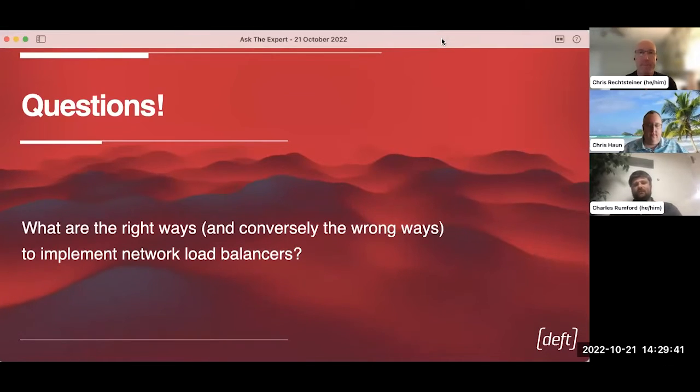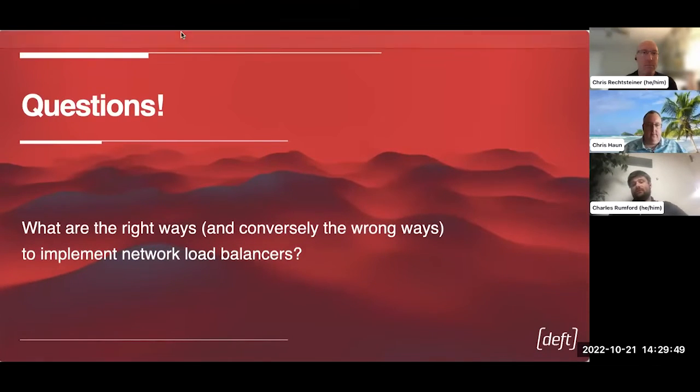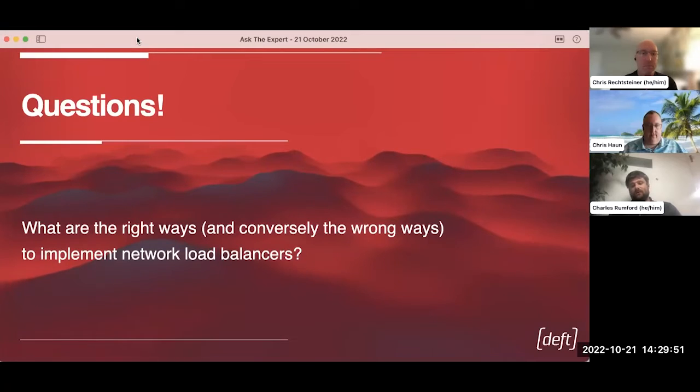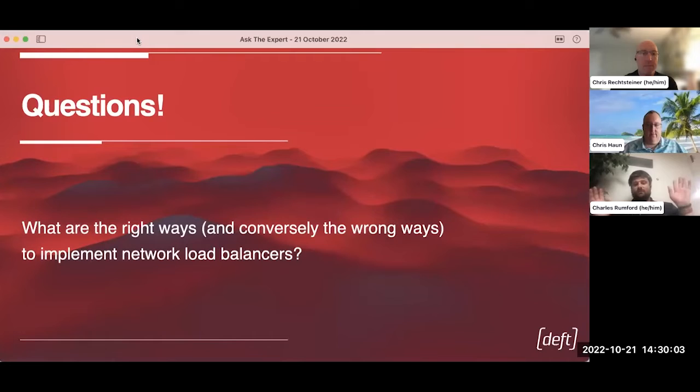So I think that's the biggest thing, is to make sure that your application supports load balancing, that the load balancers support the protocols and things like that. I think, again, going back to the geolocation space, you should diversify, and you should put load balancers in multiple locations and all things like that.